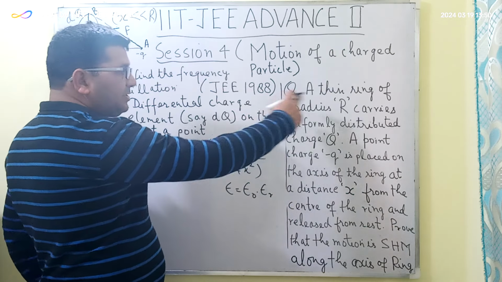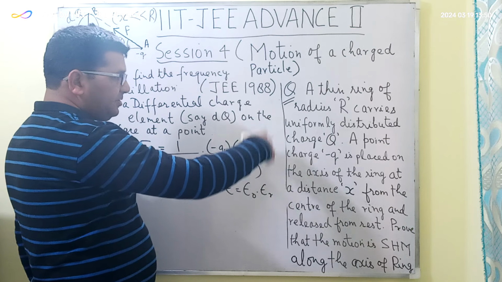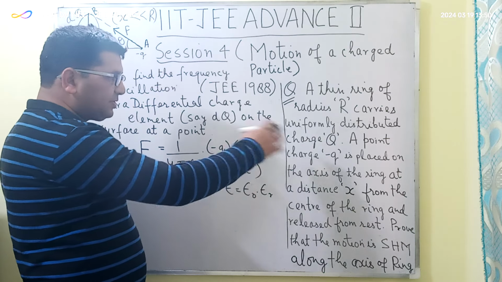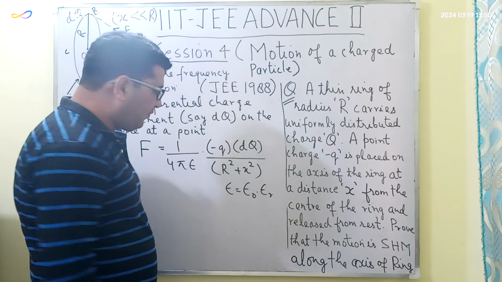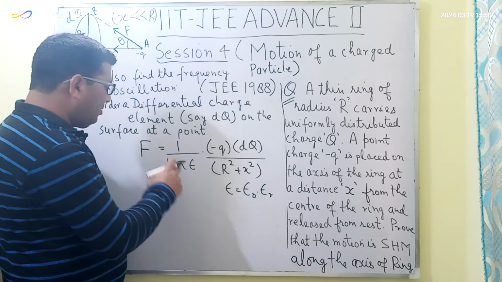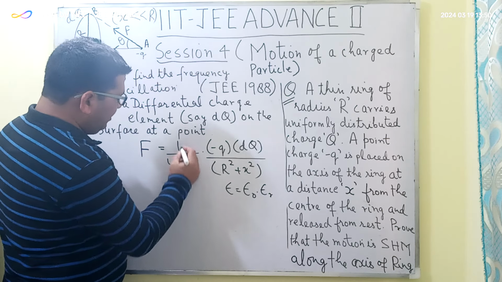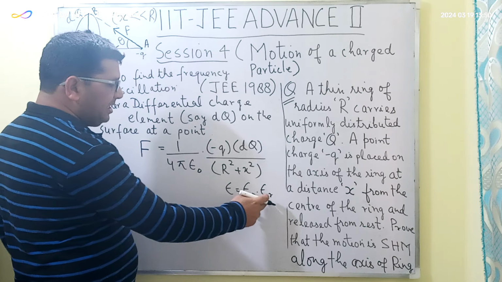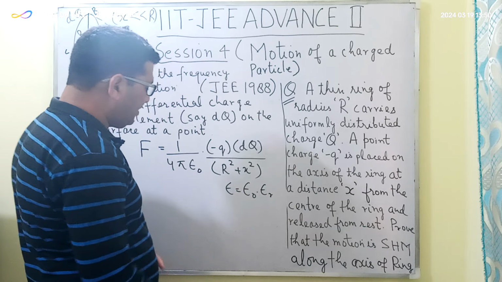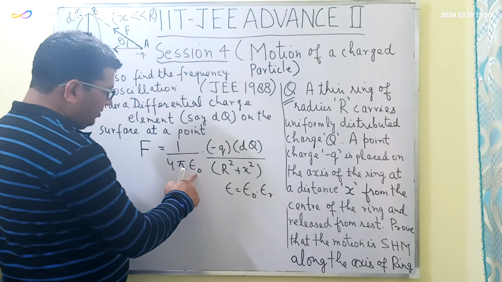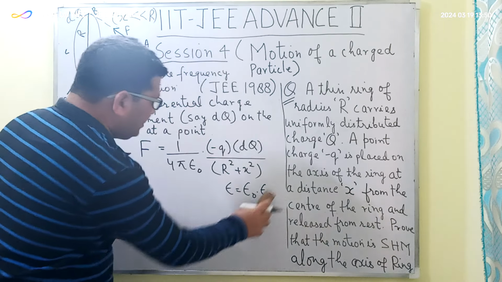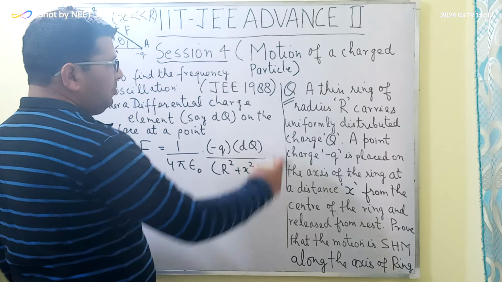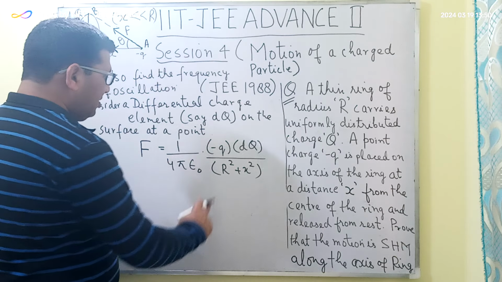Now since we are considering this system of charges to be existing in free space, I will be writing this formula as 1 by 4 pi epsilon naught, because the relative permittivity of free space is 1. So epsilon becomes equal to epsilon naught.